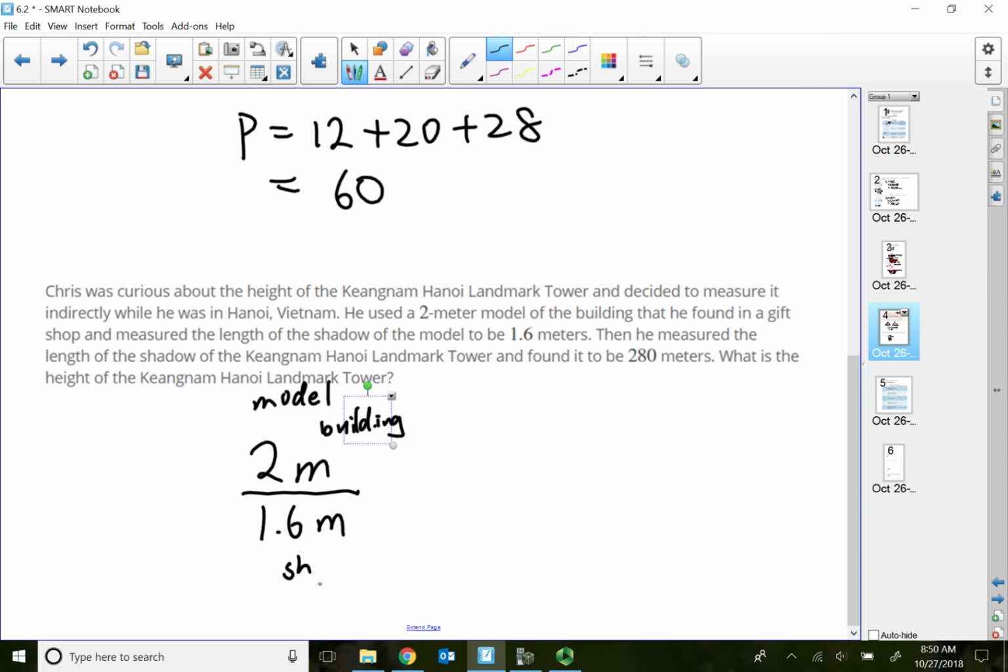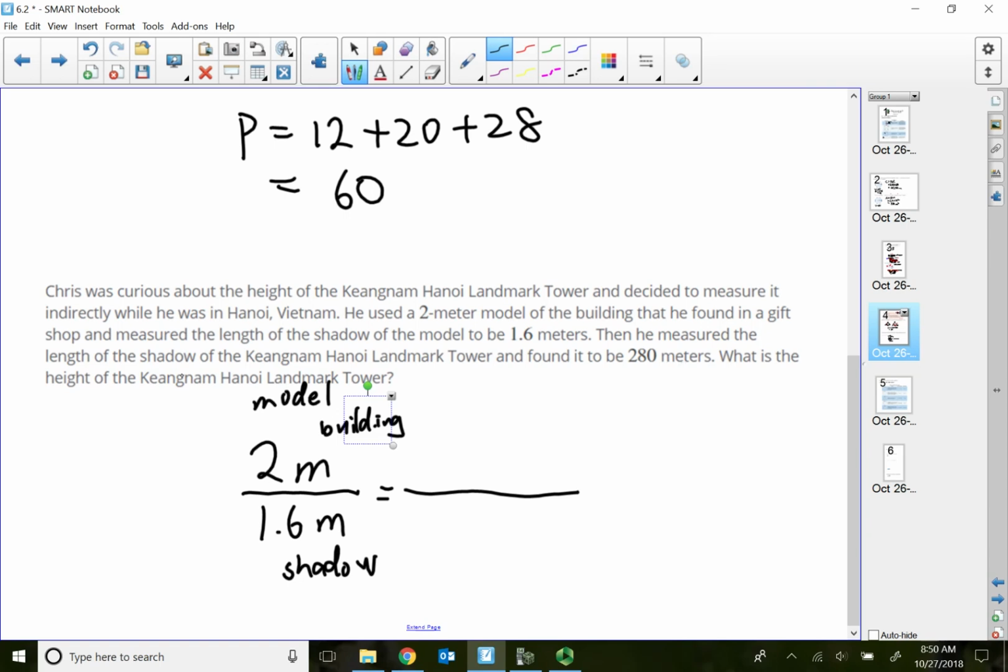Down here, this is the shadow. I'm going to use a proportion to set this up. The top number represents the height of the building, the bottom represents the shadow length. Then he measured the length of the shadow of the Keangnam Hanoi Landmark Tower and found it to be 280 meters.